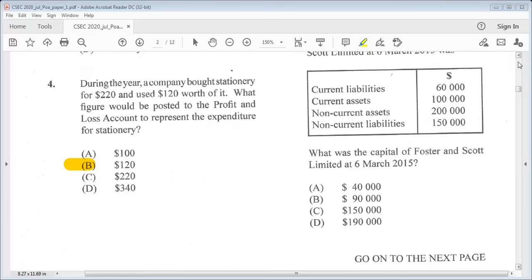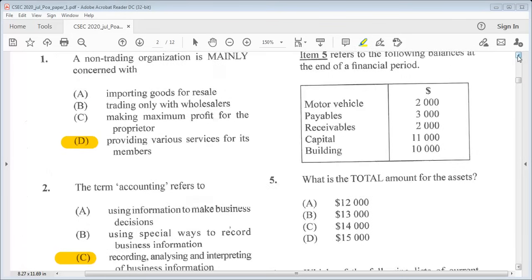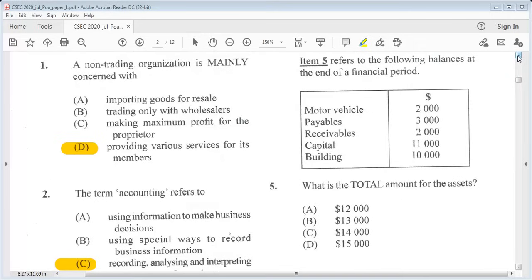Let's go on to number 5. It says here, item 5 refers to the following balances at the end of a financial period. Motor vehicle, $2,000. Payables, $3,000. Receivables, $2,000. Capital, $11,000. Building, $10,000. What is the total amount for the assets?